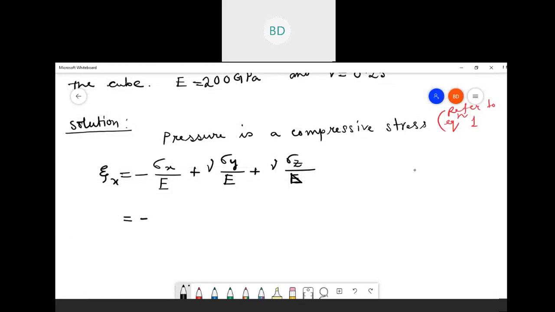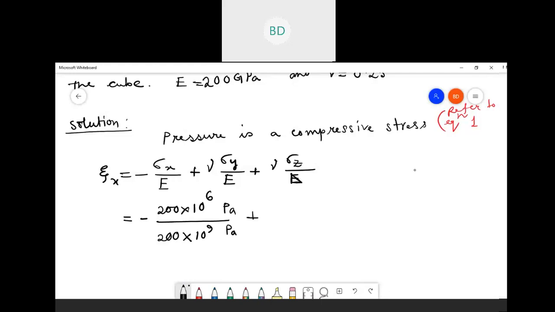So pressure on all the faces will be 200 megapascal. So in place of sigma, you write 200 into 10 to the power 6 Pascal, and E is given as 200 GPa, that is 200 into 10 to the power 9.